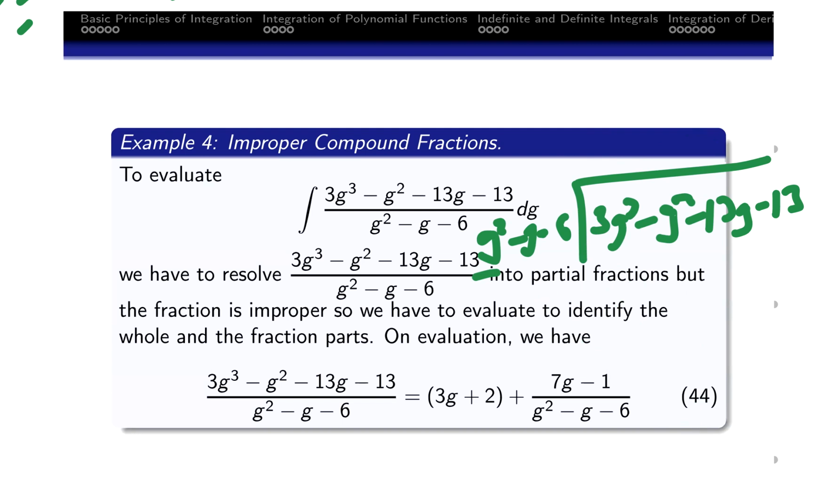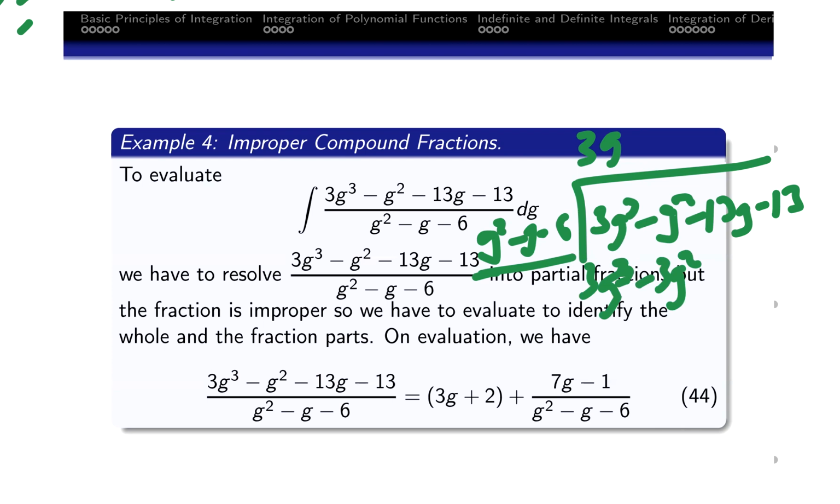So g squared in 3g cubed, that is simply 3g. 3g times g squared, sorry, this is 3g cubed. The first one is 3g cubed. Then 3g times minus g, that's minus 3g squared. 3g times minus 6, that is minus 18g.